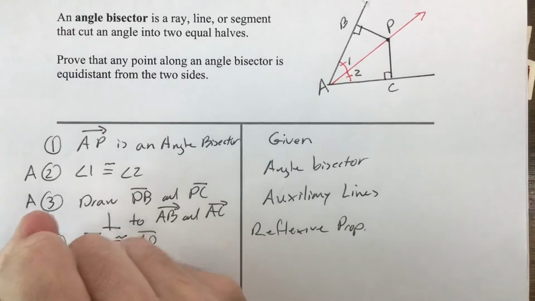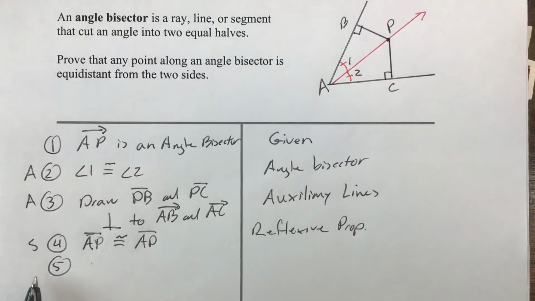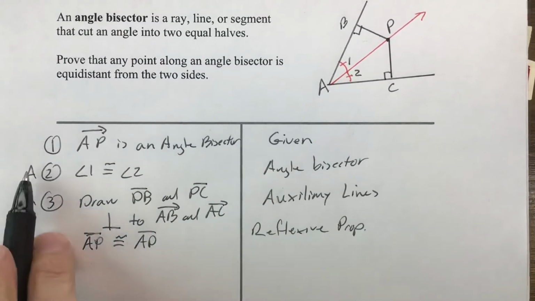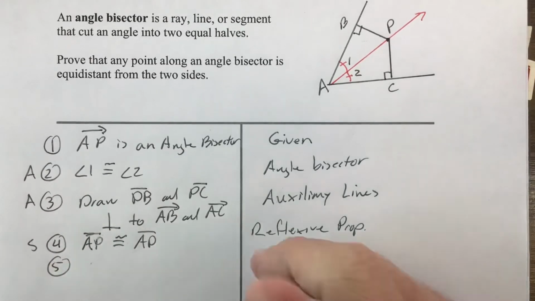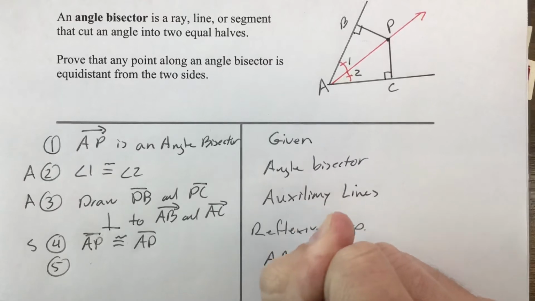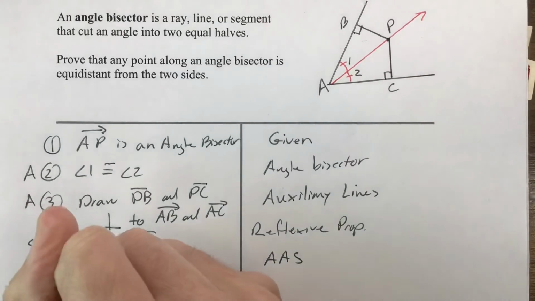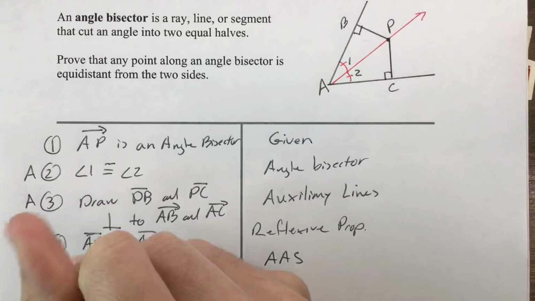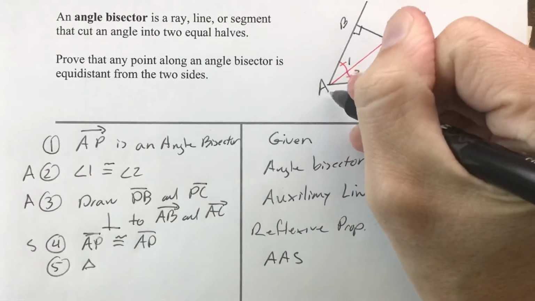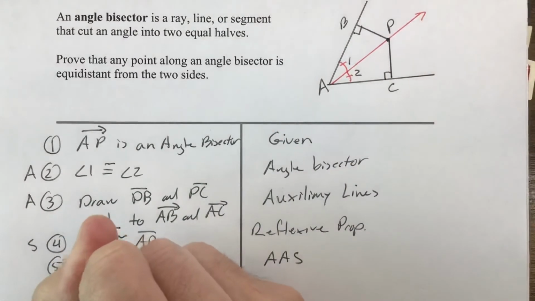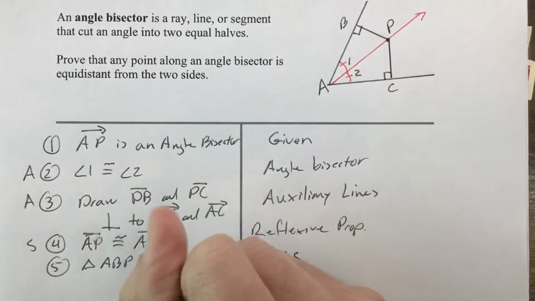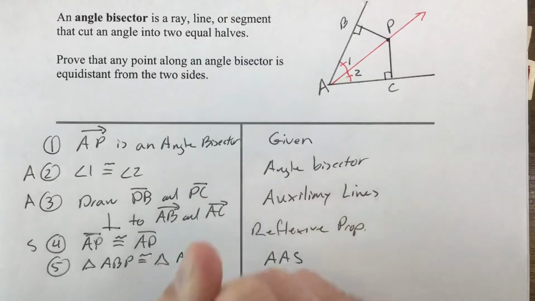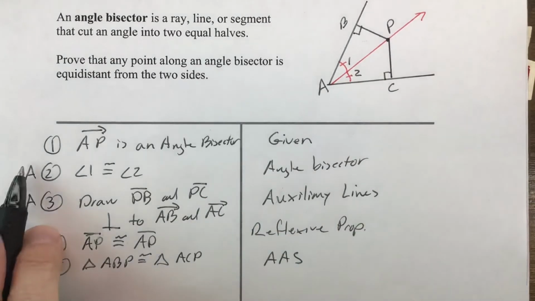Step 5, we now got a side, and not because of the order that I have it here, but because of the order that we've got it in the picture, we do have angle, angle, side. We can prove that triangle ABP is congruent to ACP. Those are congruent. It is going to be angle, angle, side, not because of this order here.